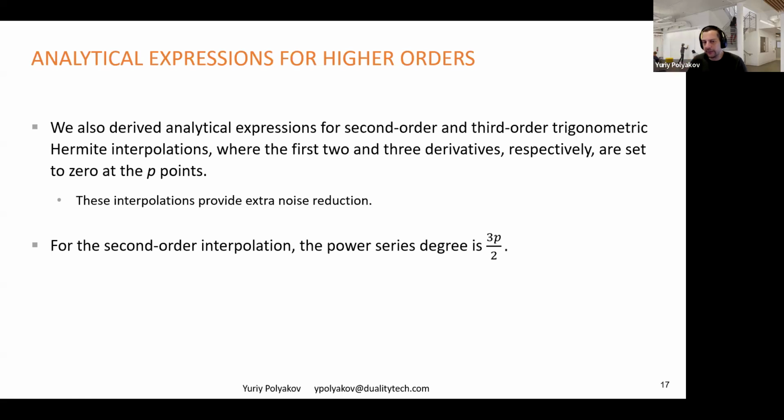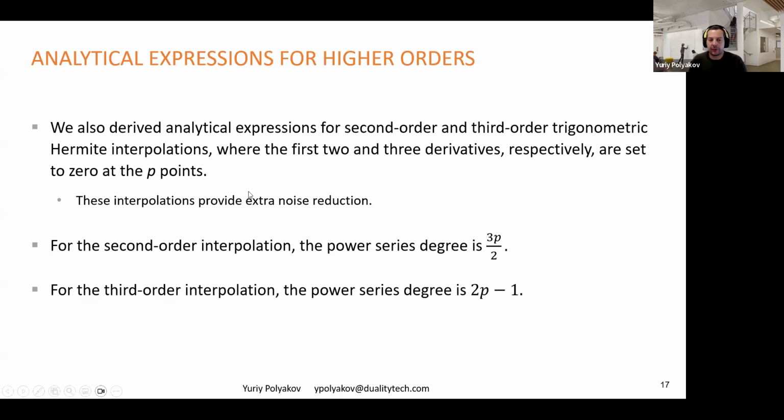And when we go to the second order interpolation, the increase in the degree is, I would say, relatively modest. I mean, from something like p minus 1, we go to 3p divided by 2. And when we go to third order interpolation, the power series degree grows to 2p minus 1.